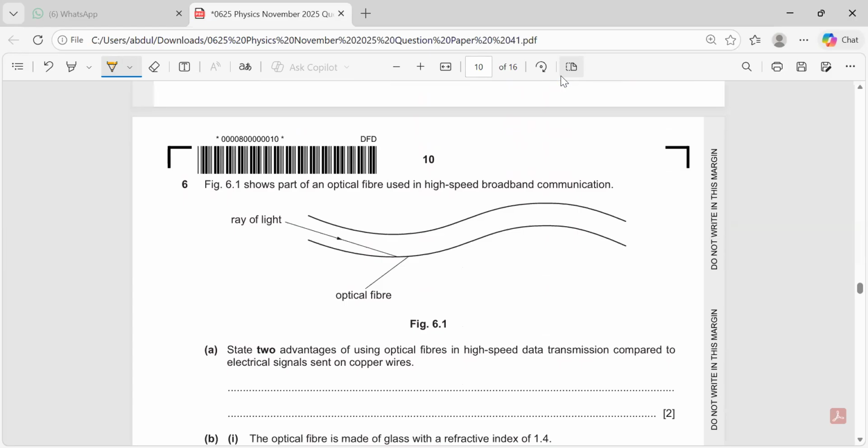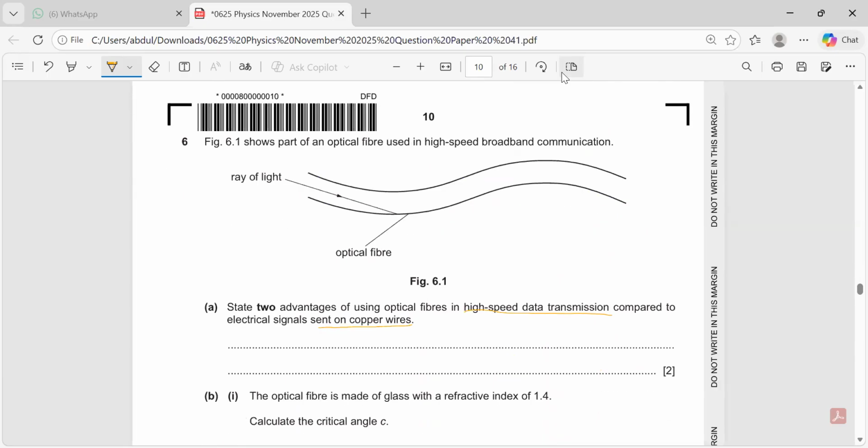Next, my dear friends, Figure 6.1 shows part of an optical fiber used in high-speed broadband communication. State two advantages of using optical fiber in high-speed data transmission compared to electrical signals sent on copper wires. First of all, this is some sort of recall memory. They are very secure.